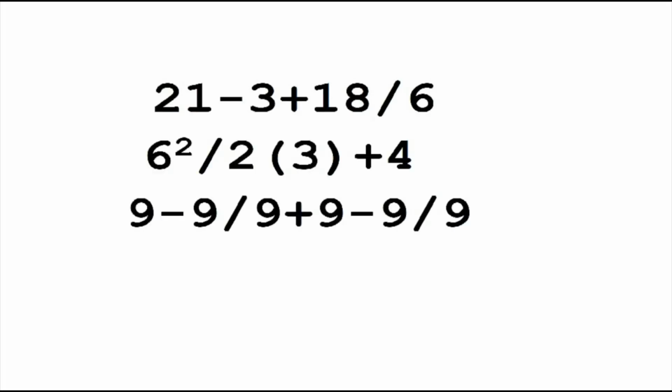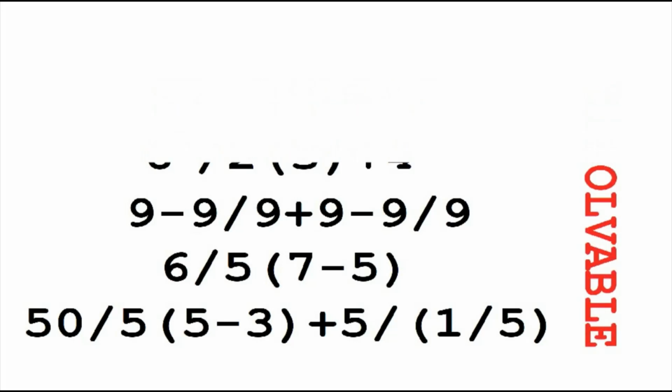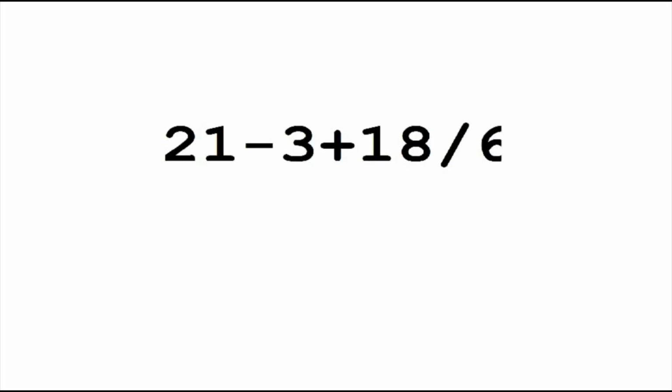Now, before we target the main problem, let us try some other questions that at one time or another have gone viral as unsolvable. Let's go through these one by one. 21 minus 3 plus 18 divided by 6.